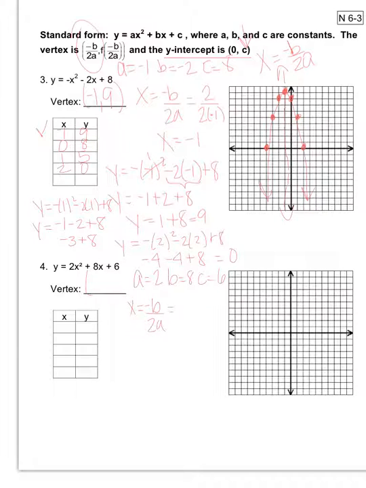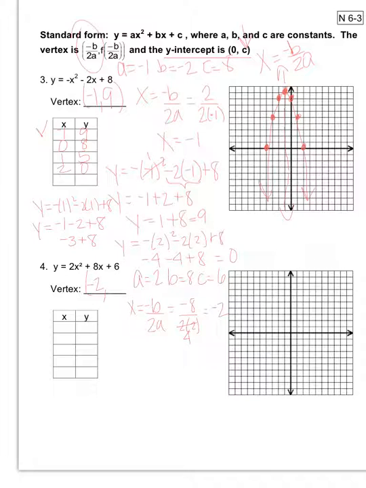So that would be negative 8, because b is negative on your formula, over 2 times a, which is 2. So that would be negative 8 over 4, which equals negative 2. So there's your x value of your vertex.